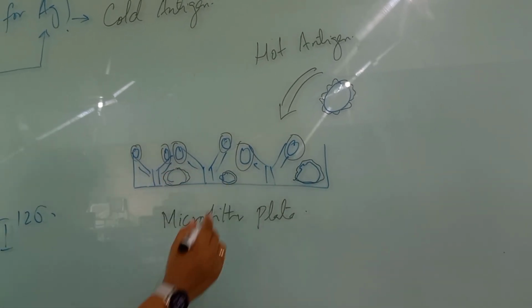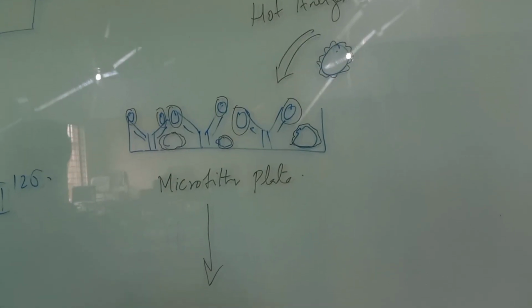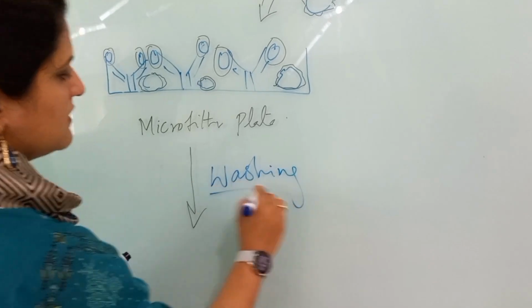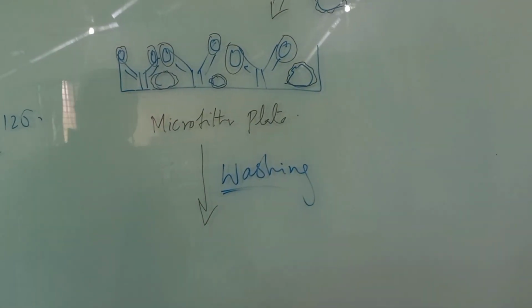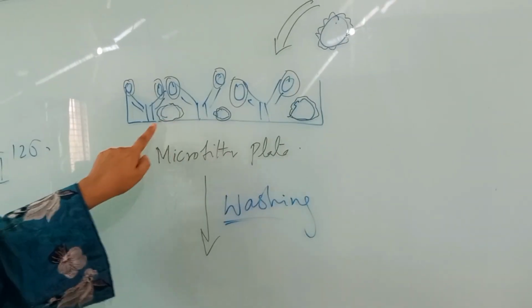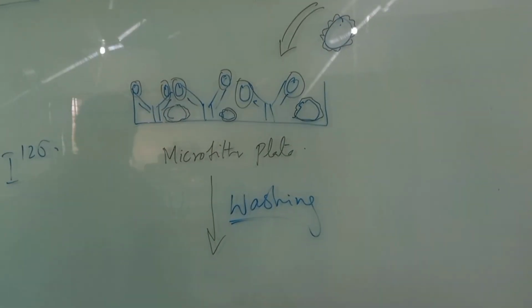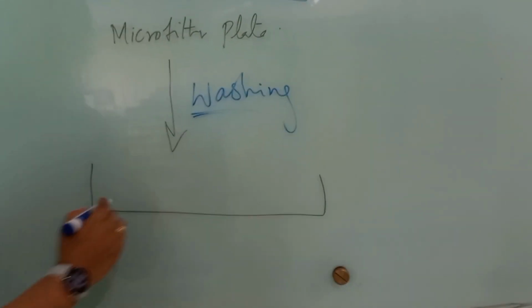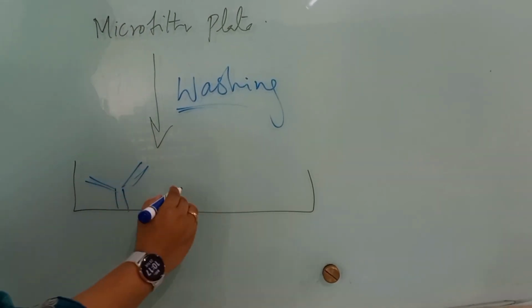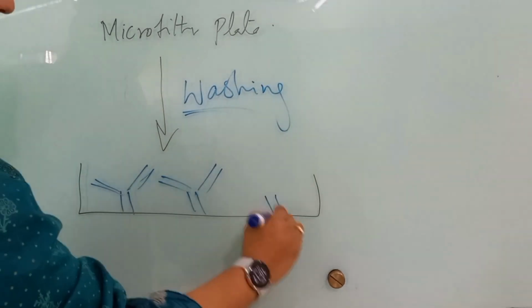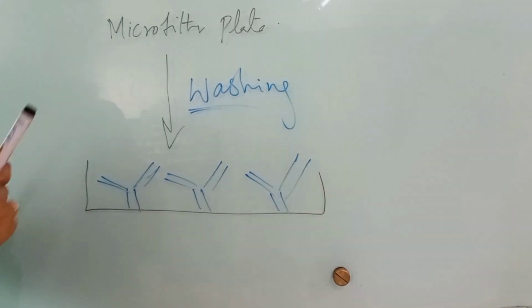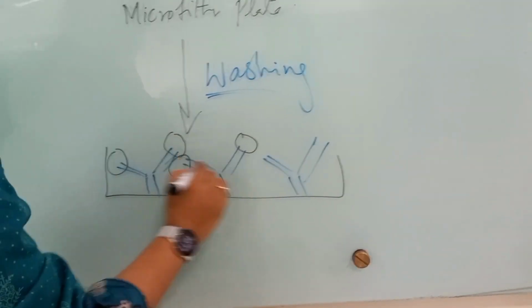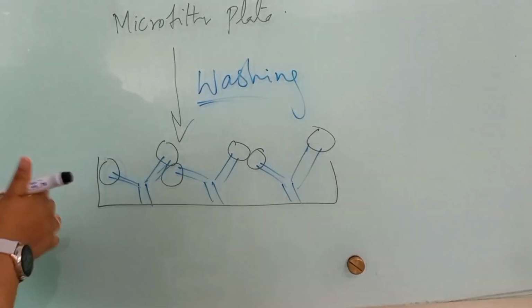To remove these unbound antigens, what we do is washing. Why is the washing done? The washing is done in order to remove all the unbound hot antigens from the plate. So now what we have is the microtiter plate and the antibodies with only bound antigens, and these are hot antigens.